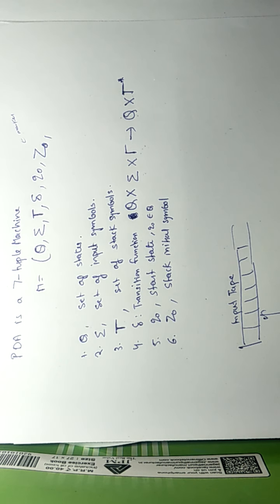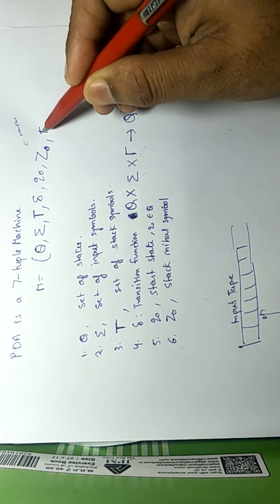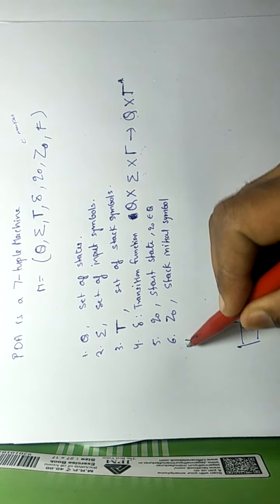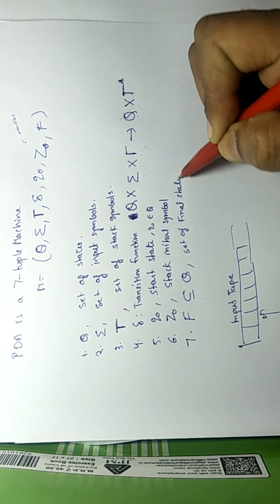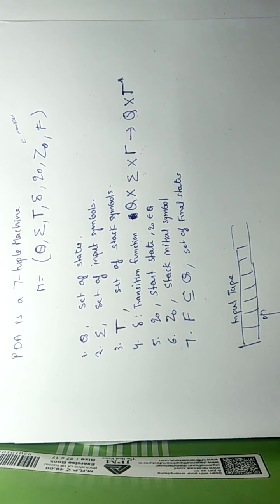So now we have 6 tuples, and seventh is F, and we already know that F is a subset of Q. It is the set of final states. Final states can be empty also. In some PDAs you will see that instead of a final state we have an empty stack.